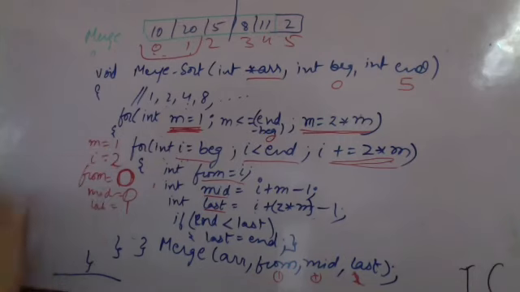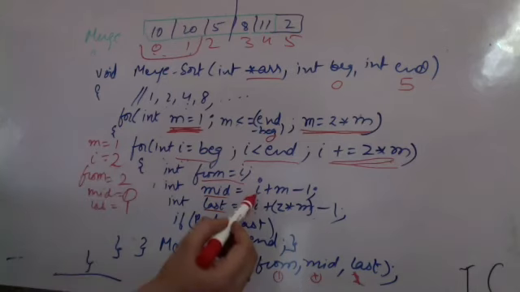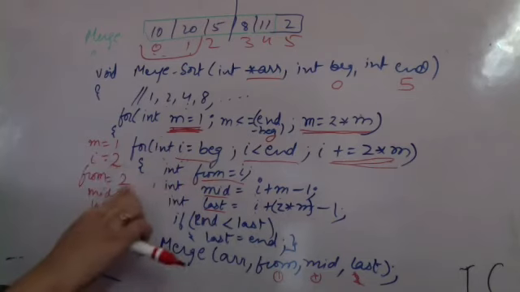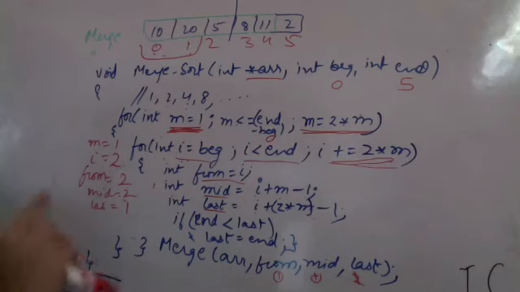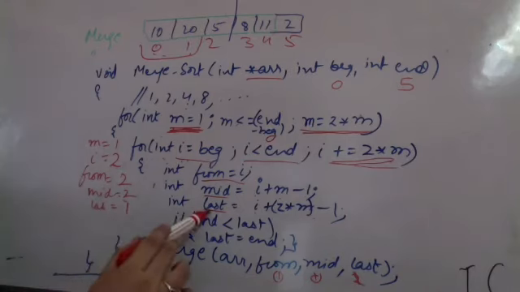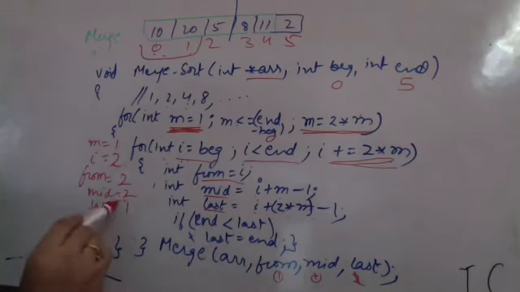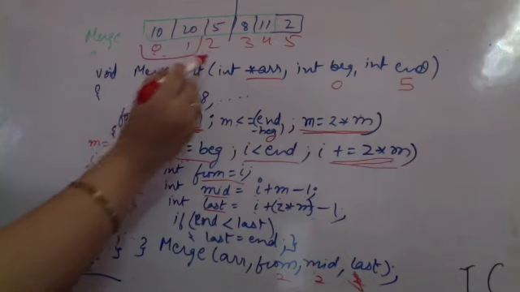I becomes 2, from becomes 2, middle becomes 2 plus 1 which is 3 minus 1 which remains as 2, so middle remains as 2, because the size is 1, so I and middle stay the same, it is the size of one array. First we are sorting the lowest. Last becomes 2 plus 2 is 4 minus 1, 3, so now I am calling this for 2, 2, 3. 0 and 1 are sorted, now we are sorting 2 and 3.